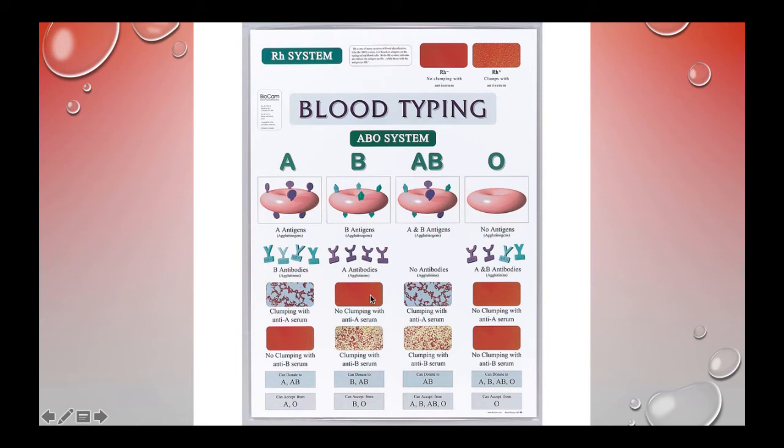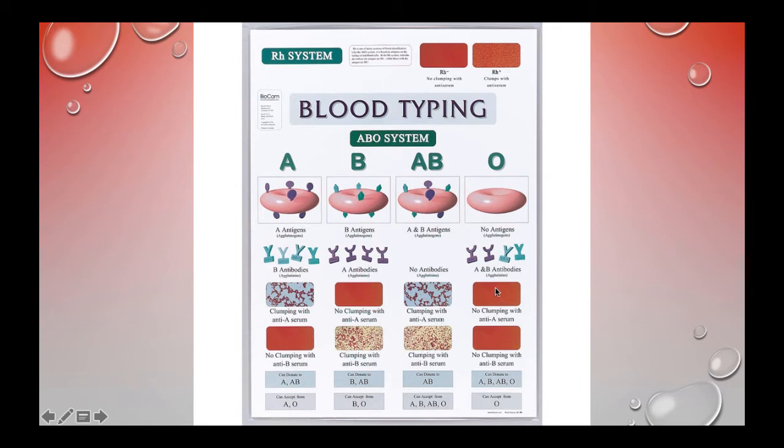So then here, if you're type B, you should see the clumping with the anti-B serum. Again, that serum has anti-B antibodies that are going to bind to the antigens on the surface of that erythrocyte, and it'll cause the clumping. If you're AB, then you'll see clumping in both the A and the B tray.